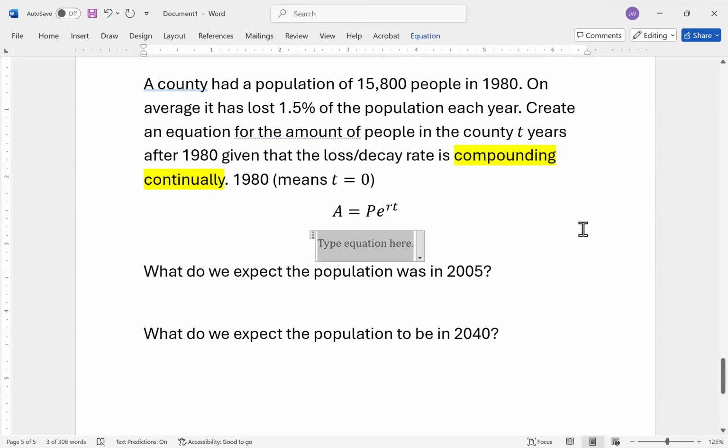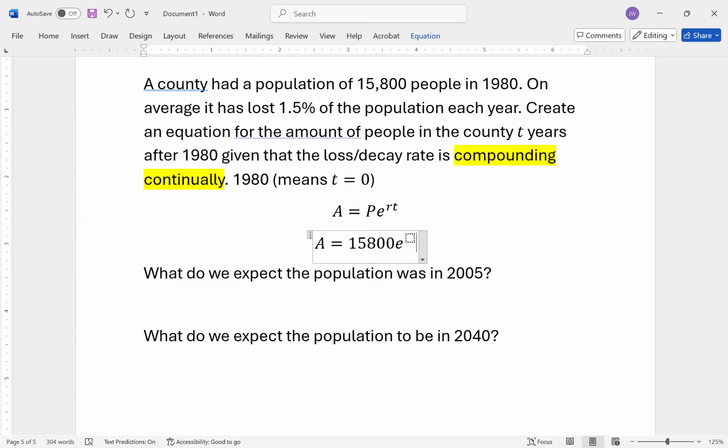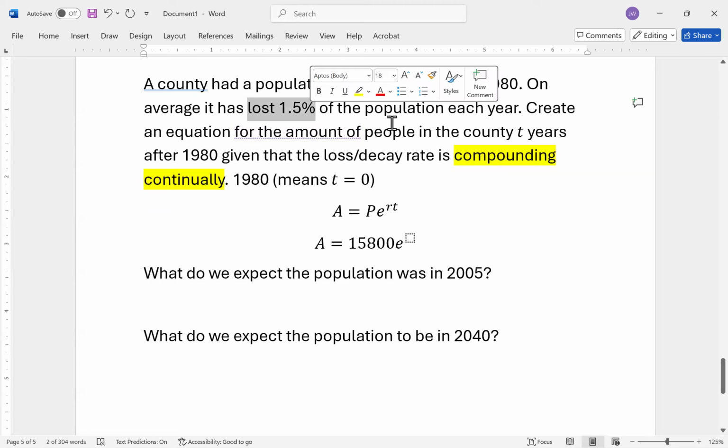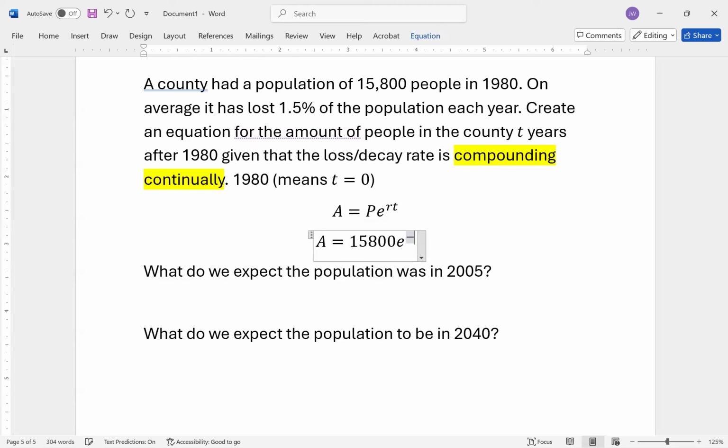So if we're starting out with a population of 15,800 in the year 1980, that becomes my principal. Again, principal is a better term with money, but in this case, it works as well. So 15,800, and then losing 1.5% per year means that the rate is a negative 0.015.